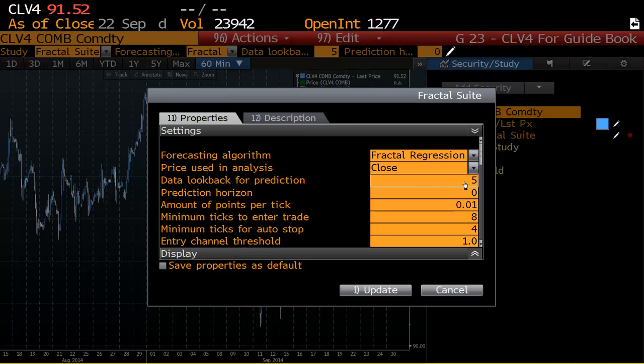The prediction horizon is how many points ahead in the future you are trying to predict. So the default is 0, which means that as soon as the open of the new bar appears on that chart, then the predictor, if we're using a predicted close, for example, will predict what the close will be of that immediate bar.